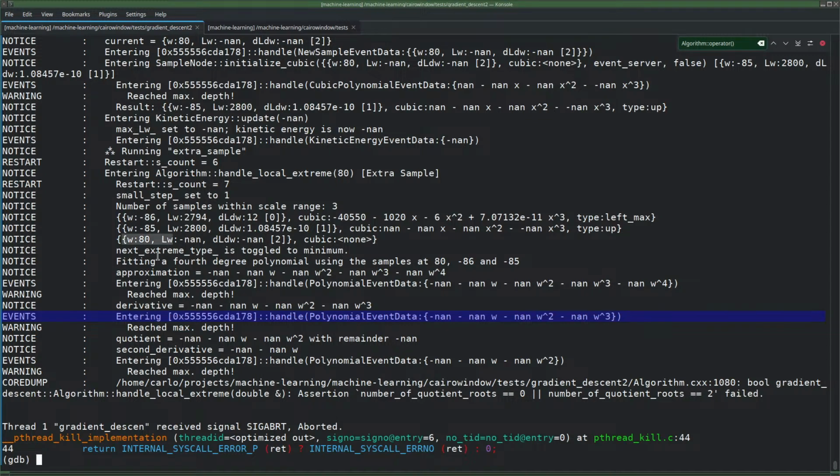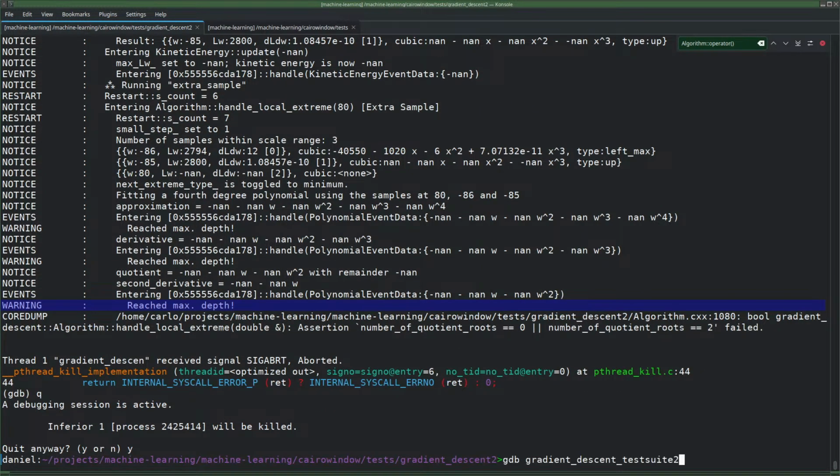Oh, I set it to 80 instead of minus 80. Even 80 is way too big.